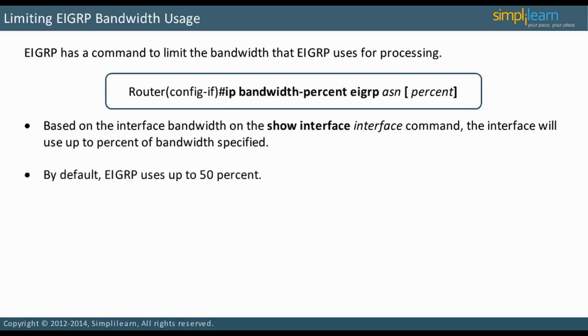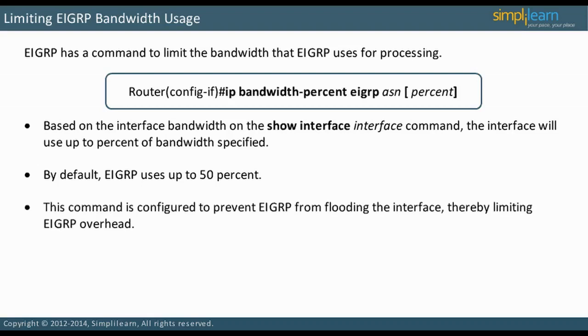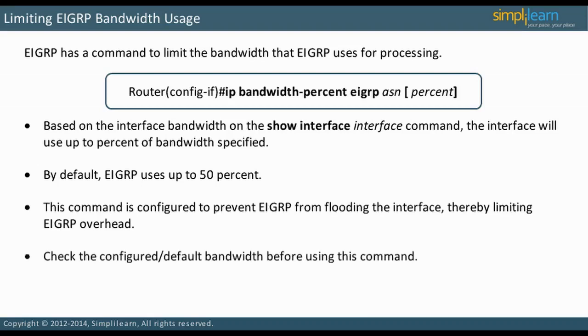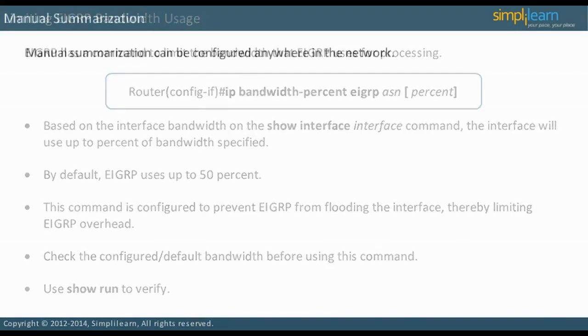By default, EIGRP uses up to 50%. This command is configured to prevent EIGRP from flooding the interface, thereby limiting EIGRP overhead. Check the configured default bandwidth on the interface before using this command. Use the show run command to verify. In the next slide, we will understand manual summarization.